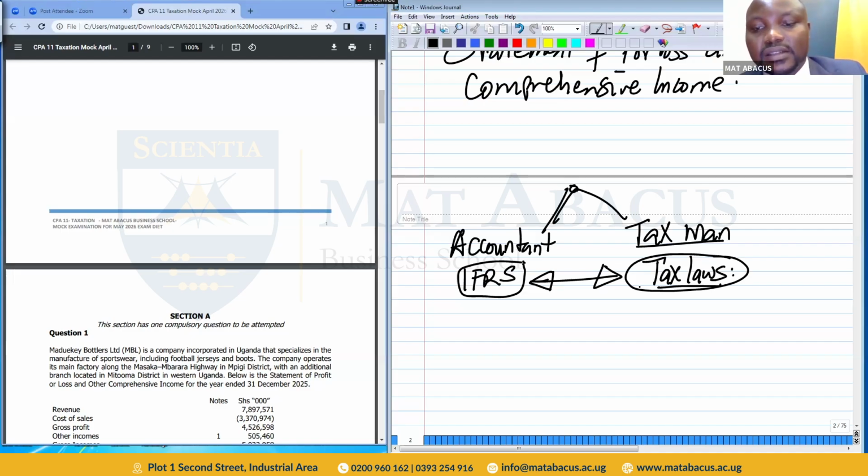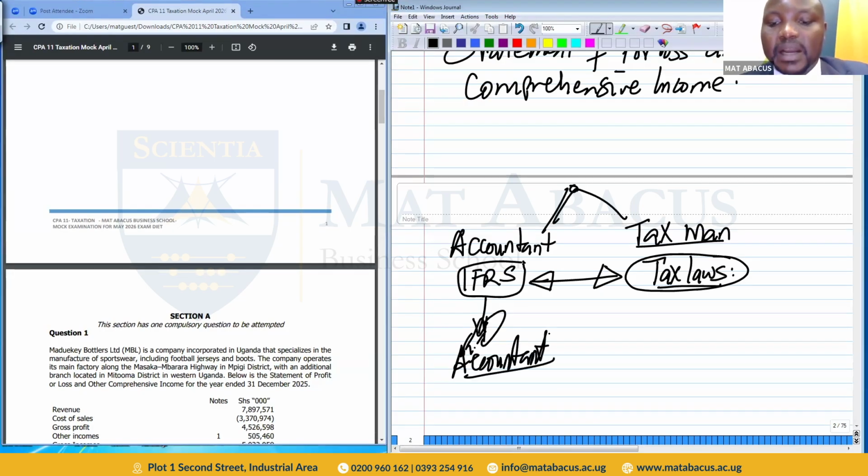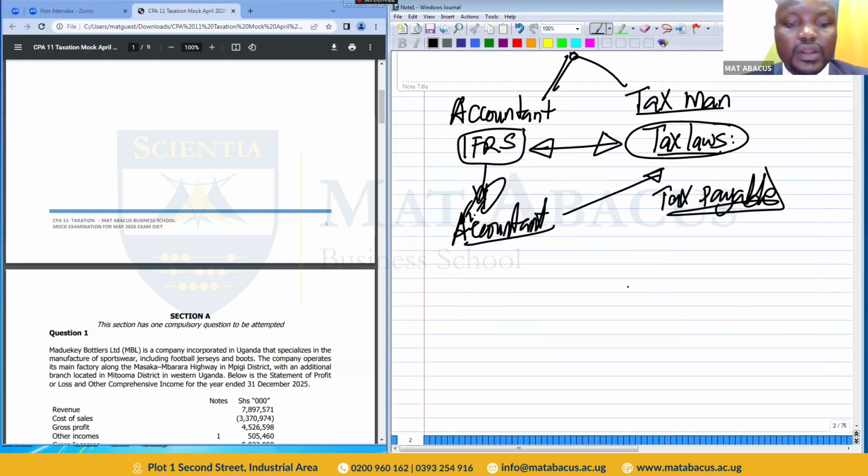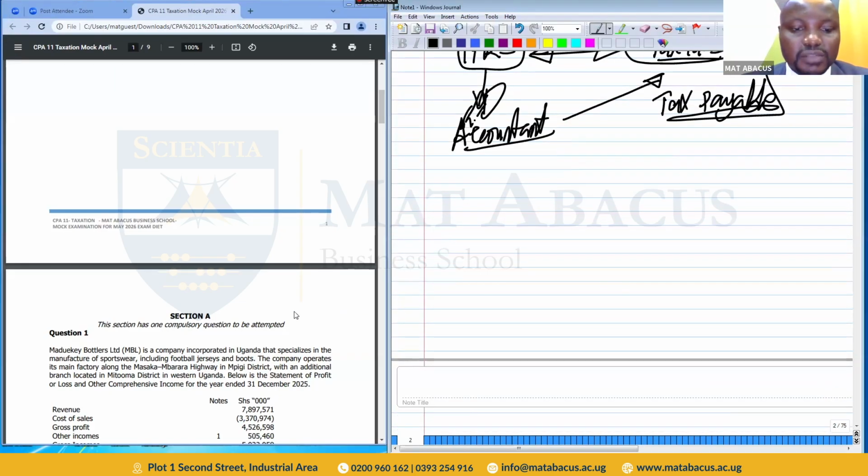Because of this, the examiner will give you information as prepared by the accountant, and he will expect you to interpret this information using the tax laws to come up with the tax payable. That will be the focus of this debrief for this particular number.